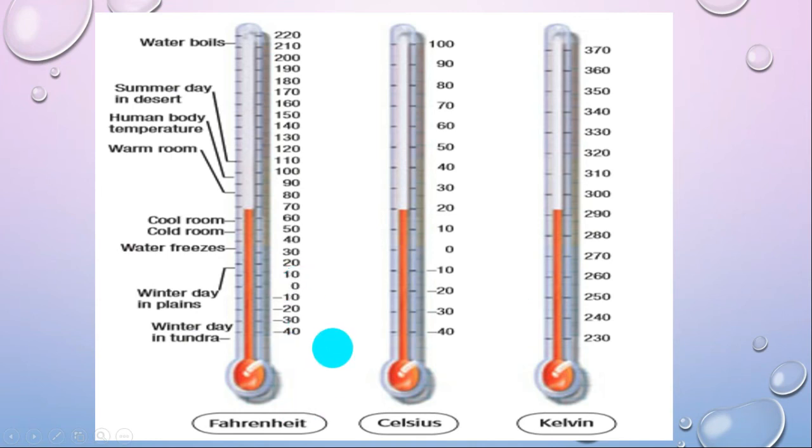If I put all three thermometers inside boiling water, they will all give the temperature of boiling water, but the reading differs. Fahrenheit gives 212 degrees Fahrenheit, Celsius gives 100 degrees Celsius, and Kelvin gives 373 Kelvin.